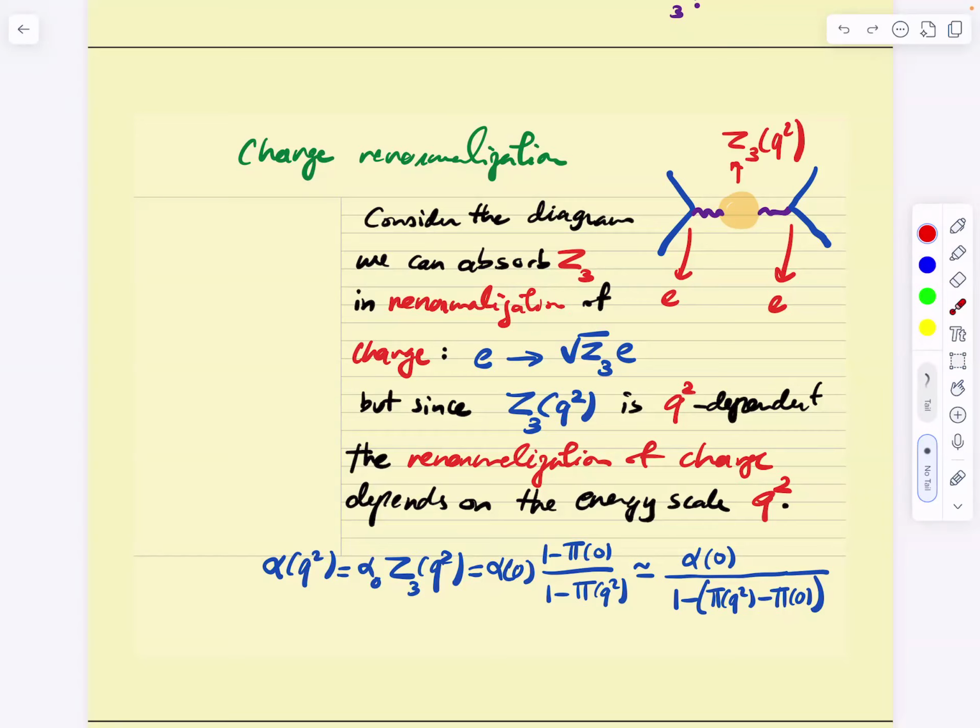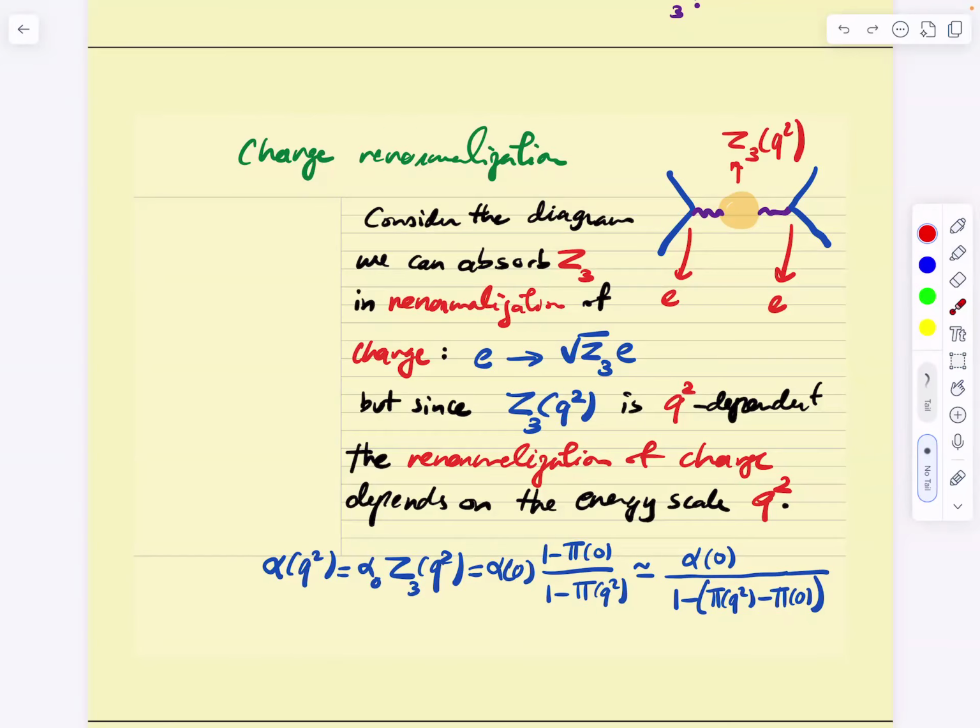But we saw that at one loop, it happened to be the case that the mass correction was 0. If you go to higher orders, that's no longer true. But here it's a principle. Doesn't matter what order in perturbation theory you are. It's a fully non-perturbative statement. Photon cannot acquire mass. Period.